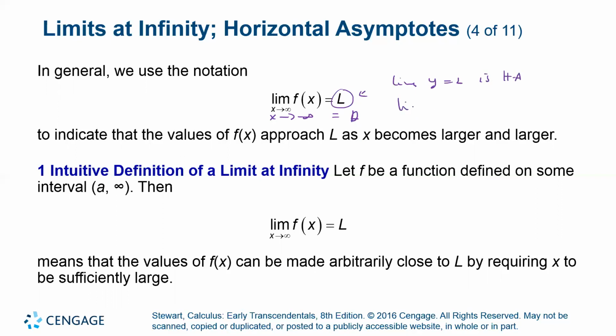And for the second case, if the limit as x approaches negative infinity of f of x is equal to d, then we can say that y equals d is a horizontal asymptote. So that is basically the definition of horizontal asymptote and using limits to find that.